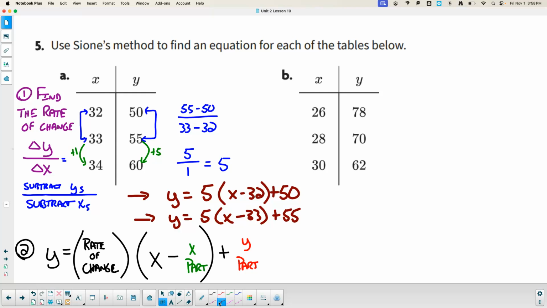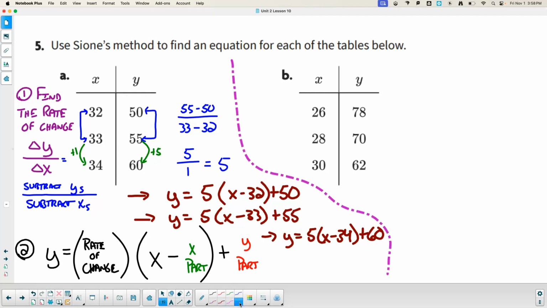If I choose the third line, I'd have y equals 5 times x minus 34 plus 60. And those all are equivalent equations based off of just that scenario right there.